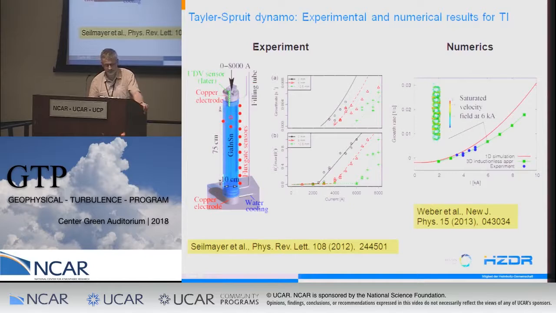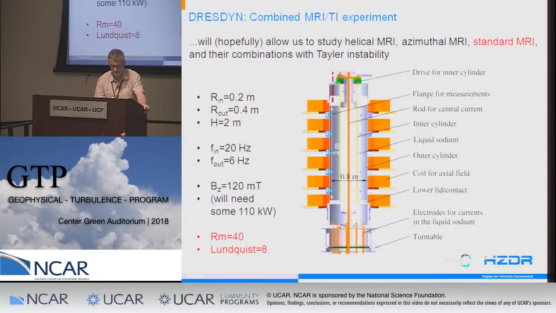We have done, and here's a paper by Seilmayer in 2012, an experiment with currents up to 8,000 amps through a column of gallium, indium, tin, and it was much harder than we expected. We got a reasonable agreement between experiments and numerics in this case too.